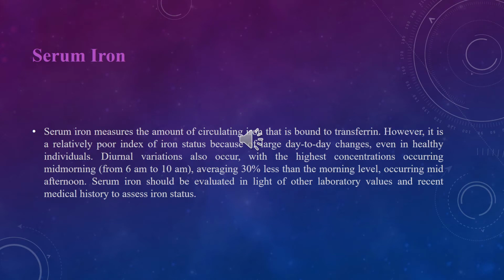Serum iron. The serum iron test measures how much iron is in the serum, which is the liquid left over from blood when red blood cells and clotting factors are removed. When these clotting factors and red blood cells are removed, we call it serum iron.